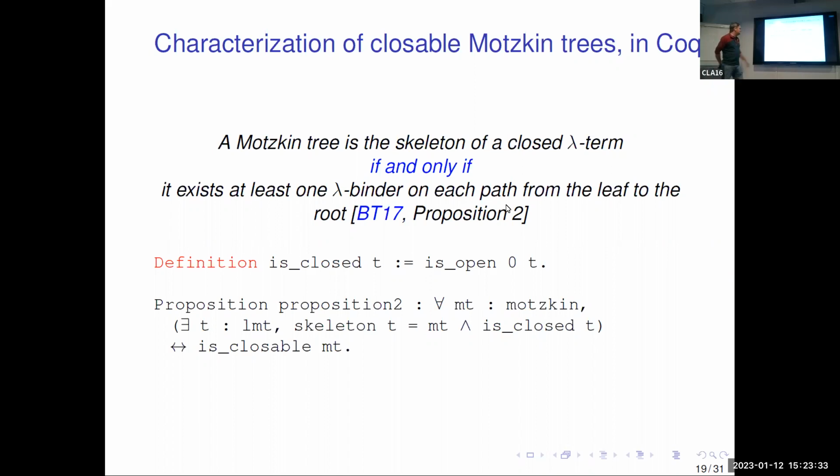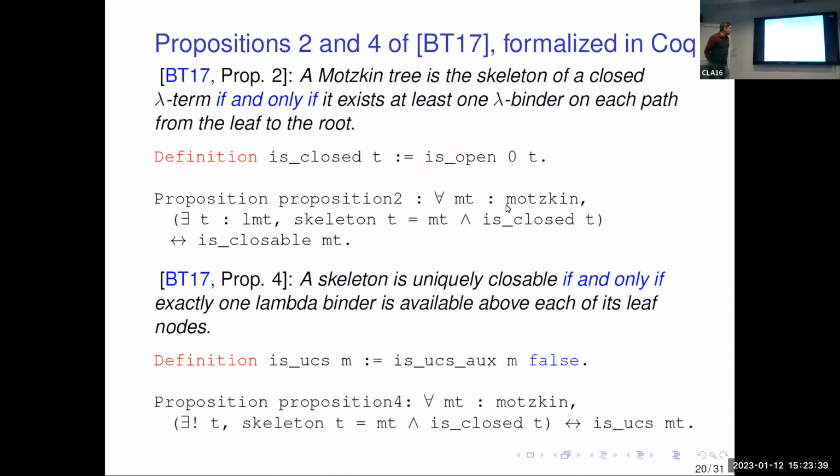This is the same as saying that MT is closable. You can do exactly the same with uniquely closable lambda terms. This is again proposition 2 I just showed, and proposition 4 is exactly the same, except you have a unique existence here. So both lemmas can be proved formally using the Coq proof assistant.